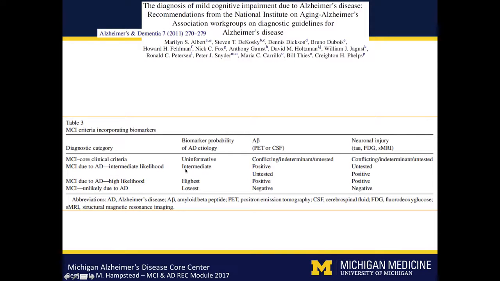But then you could assign an intermediate likelihood that MCI was due to AD if you had evidence of atypical amyloid or of tau. High likelihood would be that both were positive, or that MCI was unlikely due to Alzheimer's if both of these measures were negative. There we would start looking for cognitive symptoms that are non-amyloid or non-Alzheimer's based.